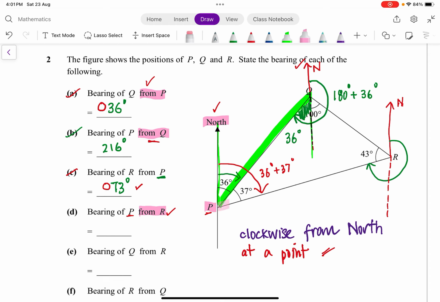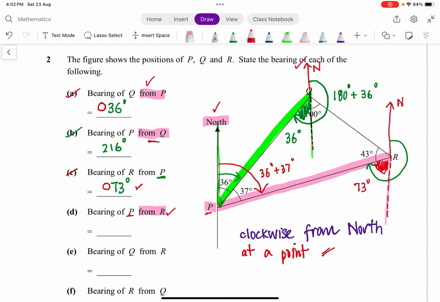So if I use the same angle property, I do have here, can you see the Z over here? So this angle is the alternate angle of 73 degrees, which means this angle here is 73.